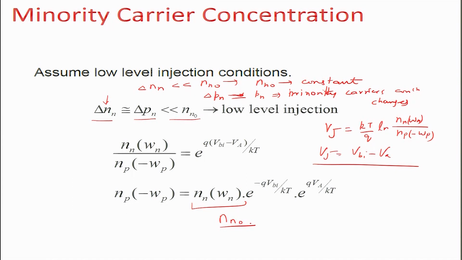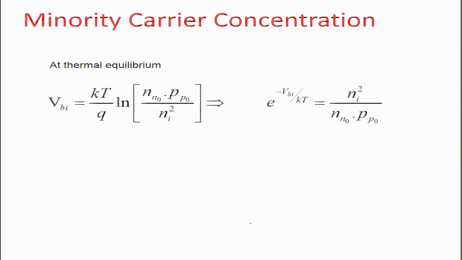Now if I move forward, at thermal equilibrium, Vbi, which we derived earlier, was equal to kT divided by q into ln of Na into Nd divided by ni square, and Na is equal to Pp0 and Nd is equal to Nn0. So I can calculate a relation for Vbi.